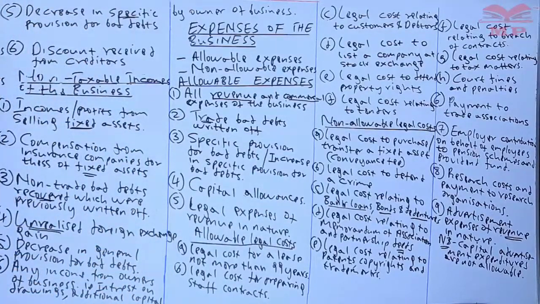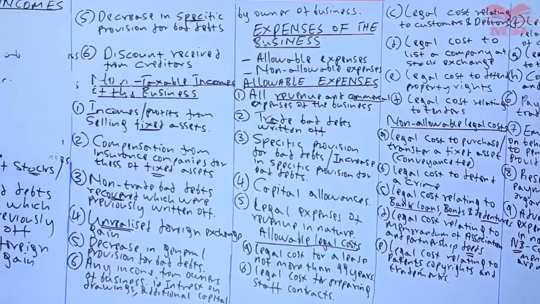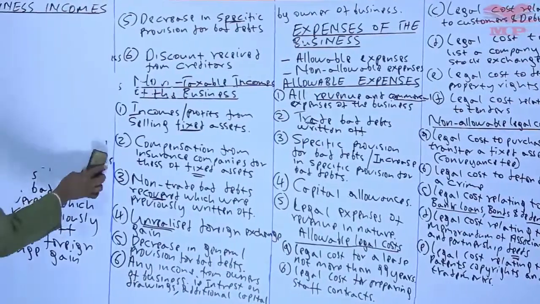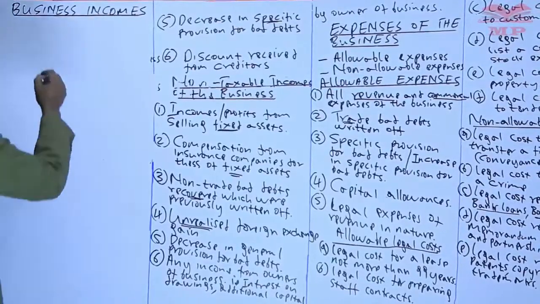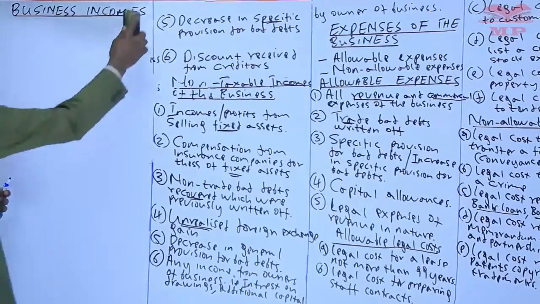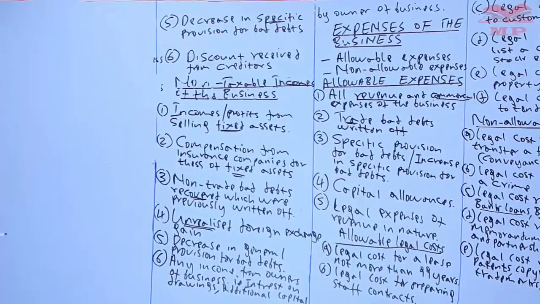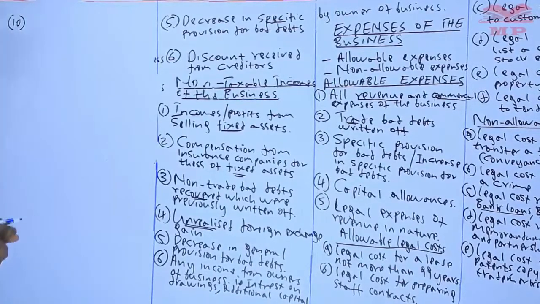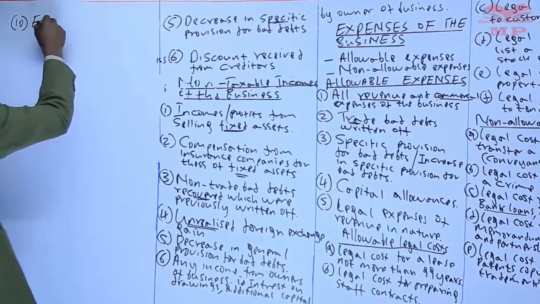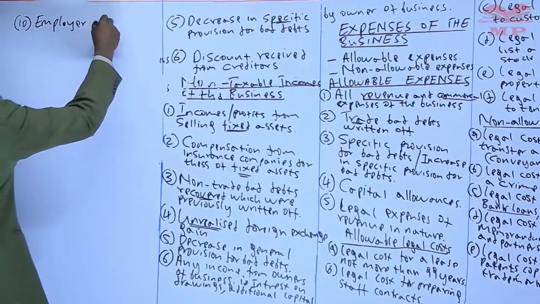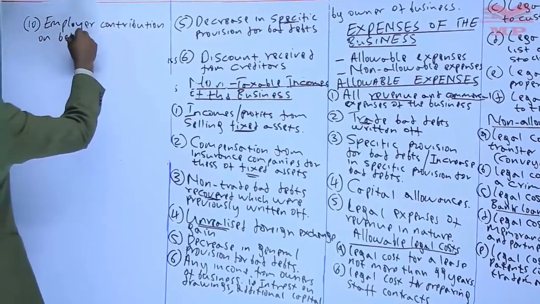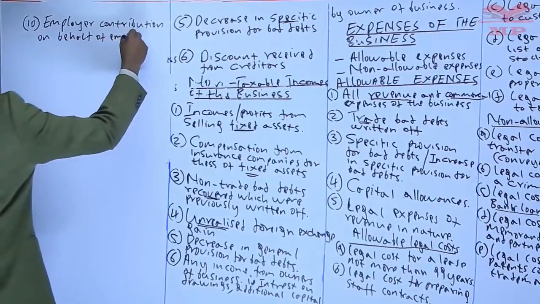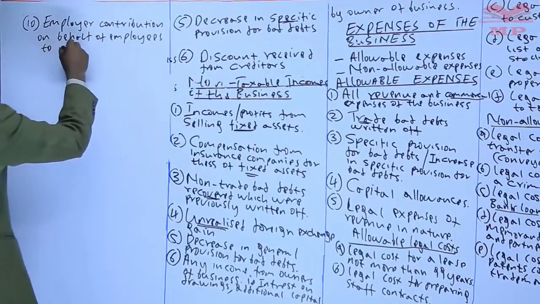Then we go to number 10. Number 10 of another allowable expense is the employer contribution on behalf of employees to members club.